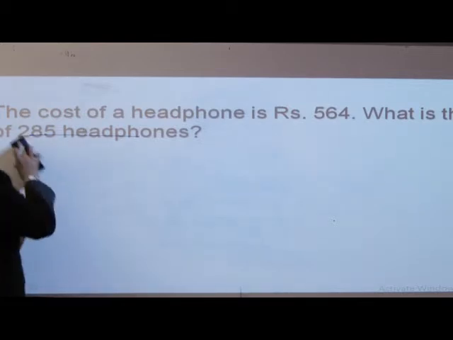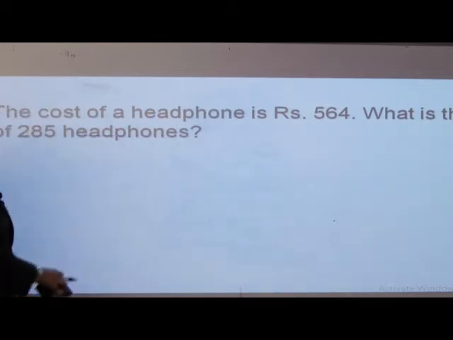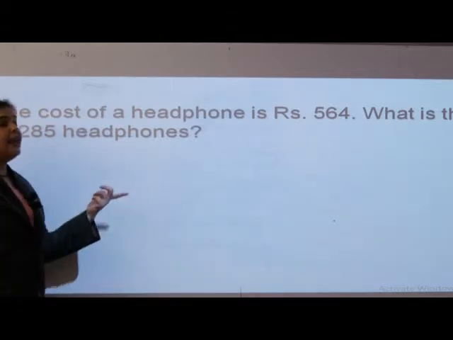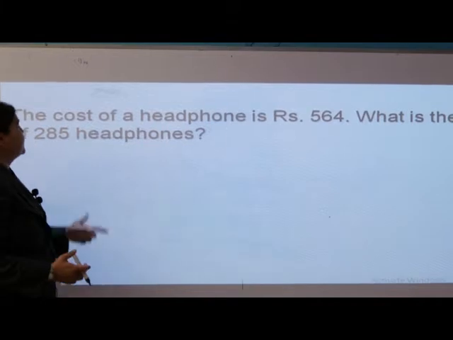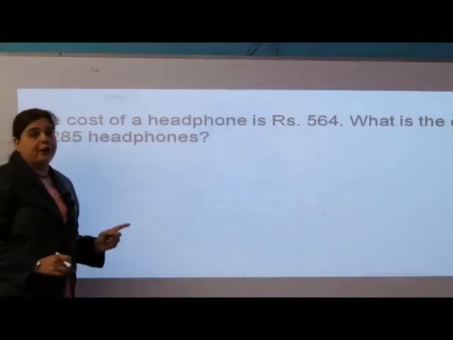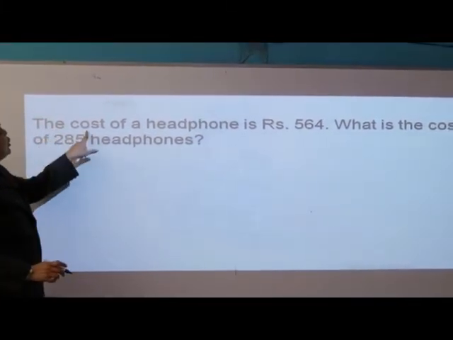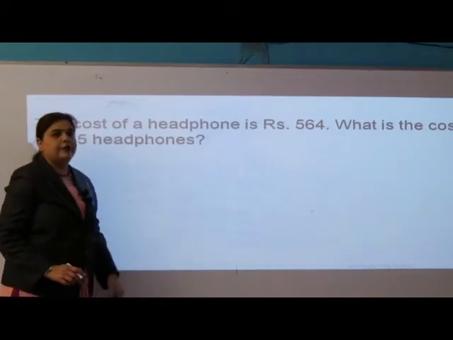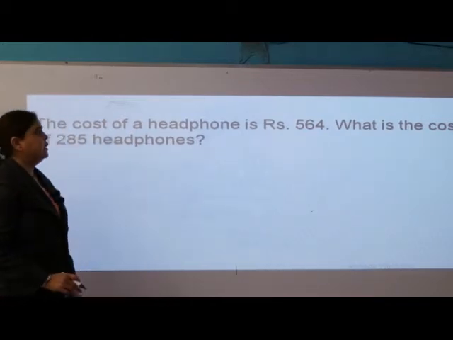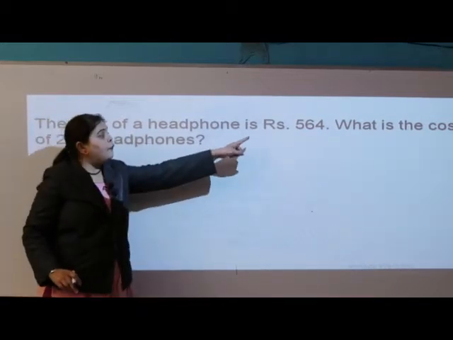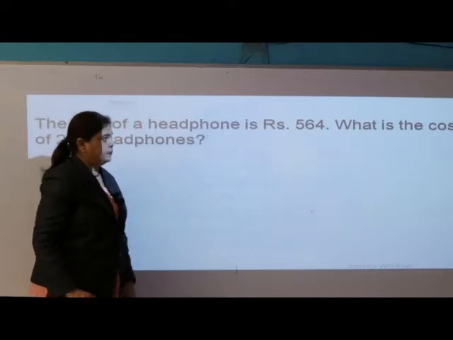Now one more example. Already we have seen one with numbers. Now we will see a word problem or story sum. Yes, we have to find the operation for this. Here the question is: the cost of a headphone, you all know a headphone, is rupees 564.